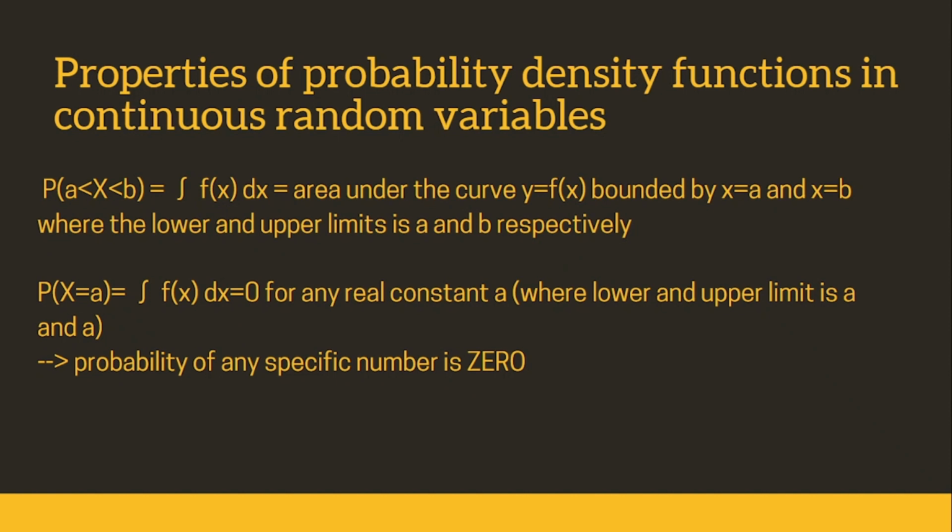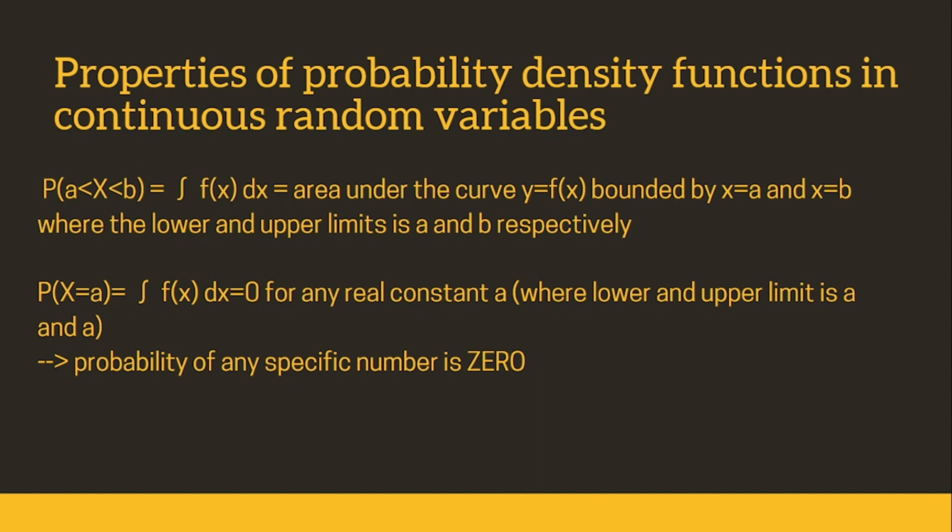Another thing is that the probability that a is less than x less than b equals the integral of f(x), which equals the area under the curve y = f(x) bounded by x = a and x = b, with a and b as the lower and upper limits, and this is the probability that x lies within that region.